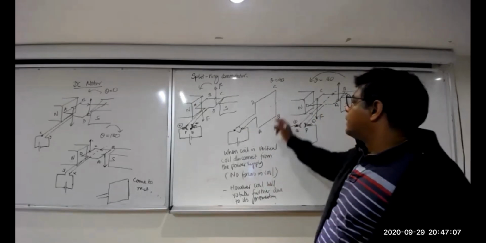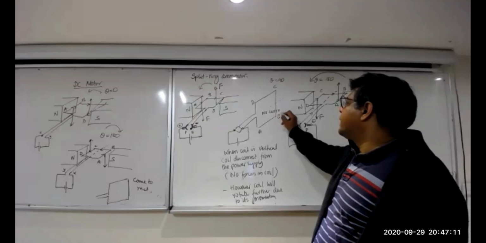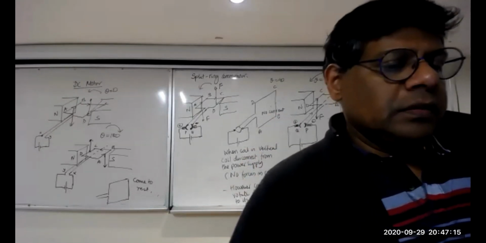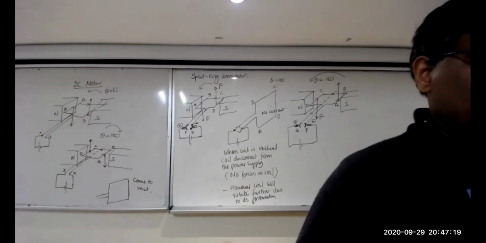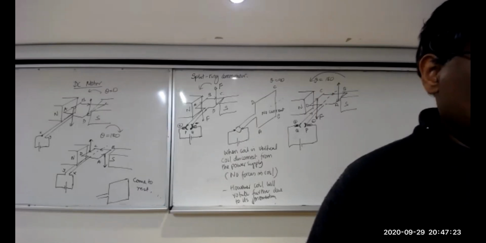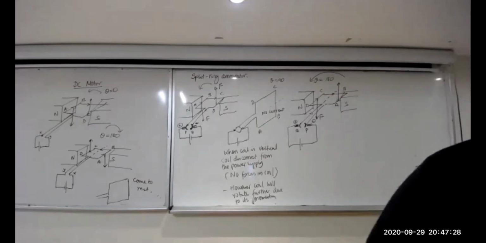So there is no current through the coil. It's a very split second. So there is no force. You're asking the question, where are the forces? No forces. How can I have force when there is no current flow through it?